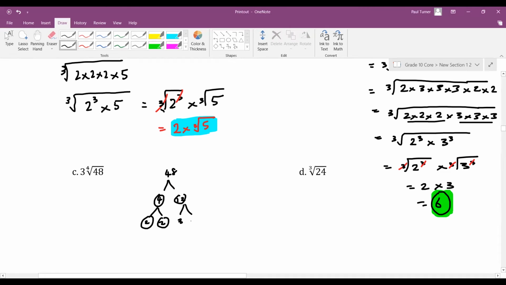You're going to have 3 times 4. Clear? And then 4 is 2 times 2. So these are your prime factors: 2, 2, 3, 3, 2, like that. So I should write that here: 2 times 2 times 2 times 3.